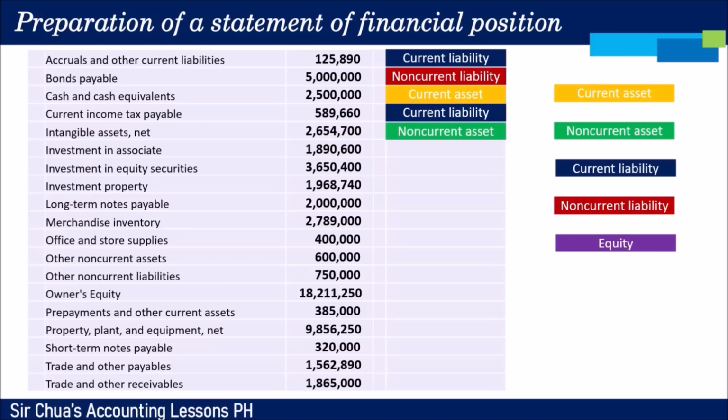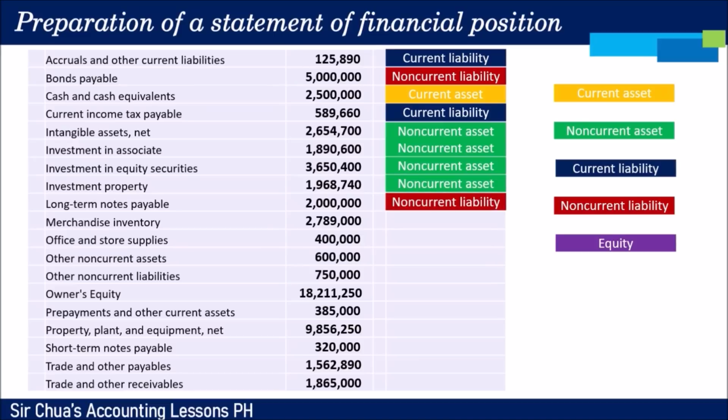Investment in associate, yan din po ay non-current asset. Investment in equity securities, yan po ay non-current asset. Investment property, yan po ay non-current asset. Long-term notes payable, yan po ay non-current liability. Merchandise inventory, yan po ay current asset. Office and store supplies, yan po ay current asset.